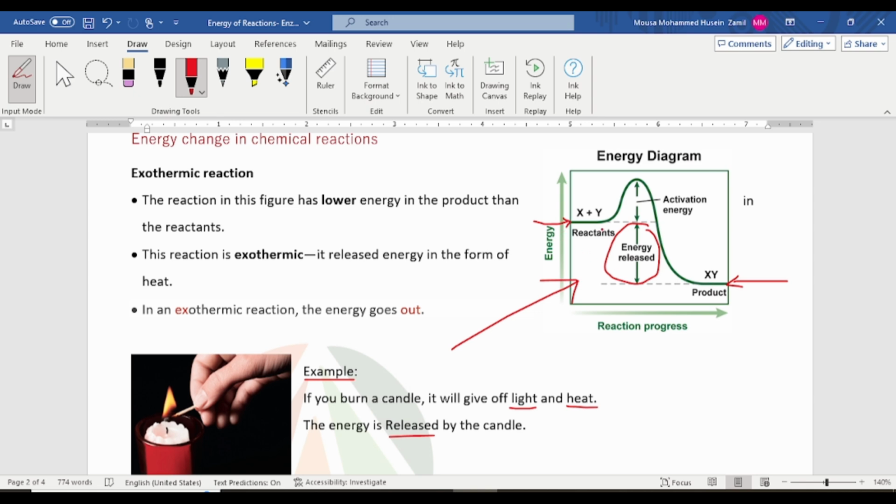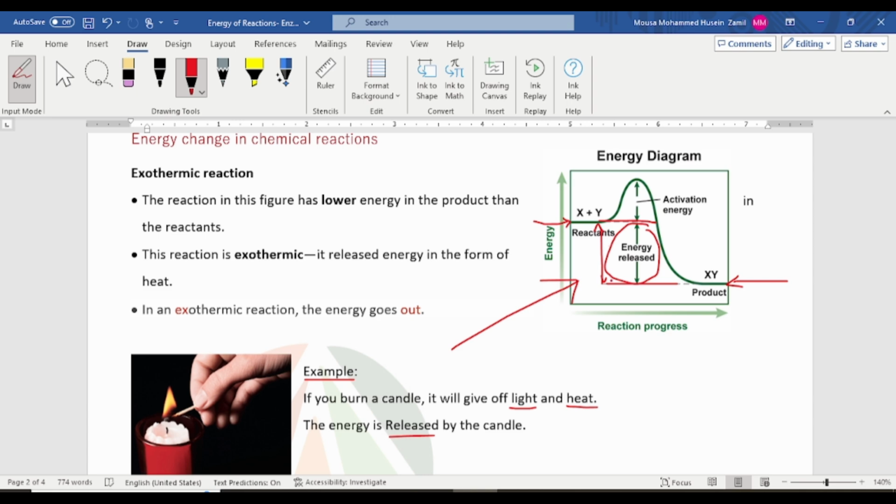So we start with the energy at this level and it becomes, for the products, this level. So that's why we said that the energy is released, and this is the amount of energy released from this point or this level up to this level.